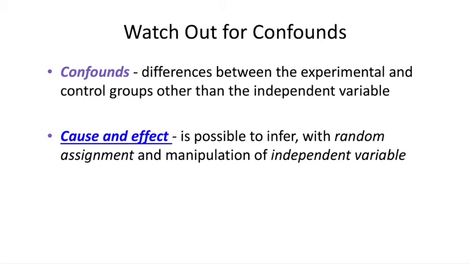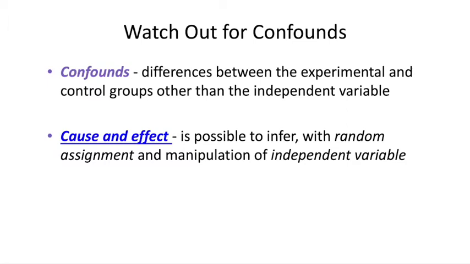So, let's stick with the idea of internal validity for a second here. Internal validity is concerned with the question, is the change observed in the dependent variable attributed to the change that I made in the independent variable? Okay? So that's the question that it's concerned with. And the degree of confidence with which I can answer yes to this question really depends on whether or not I controlled for other variables in the experiment that could have caused the change we observed in the dependent variable.